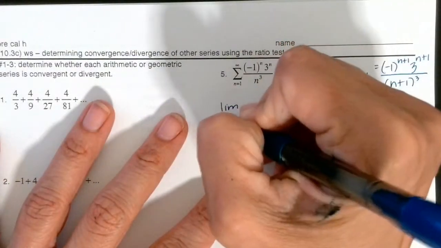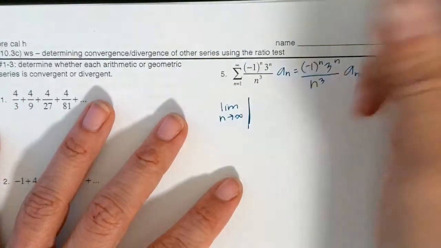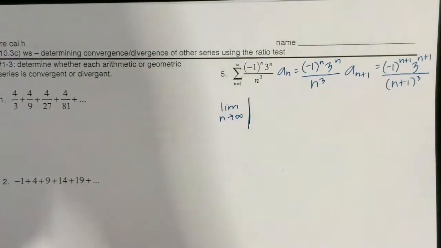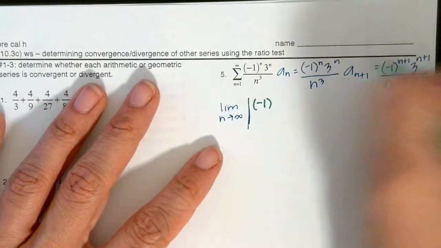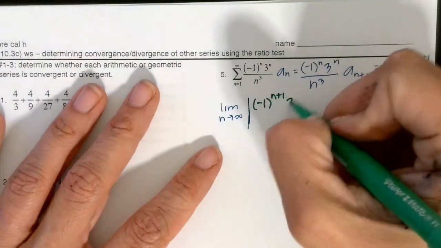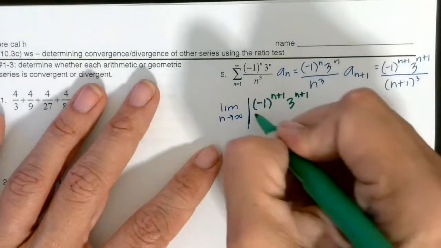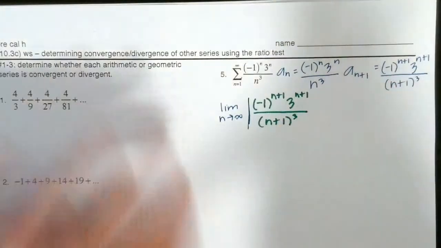The limit as n goes to infinity of, I'm going to write these in different colored pens just because. So we have negative 1, and I'm doing the n plus 1 because it always comes first, times 3 to the n plus 1 all over n plus 1 cubed.